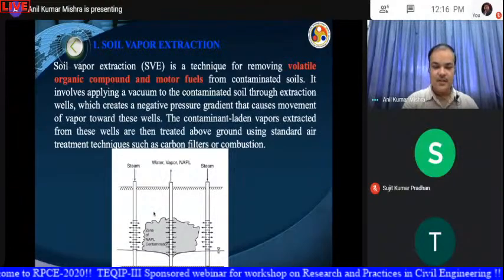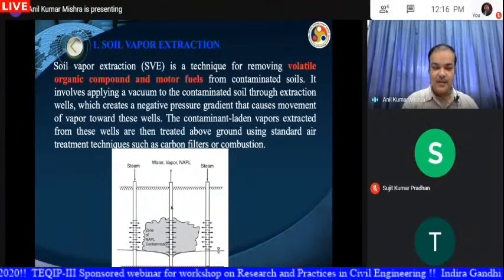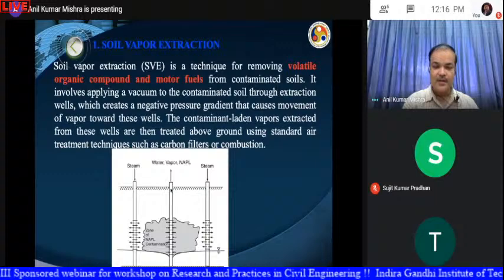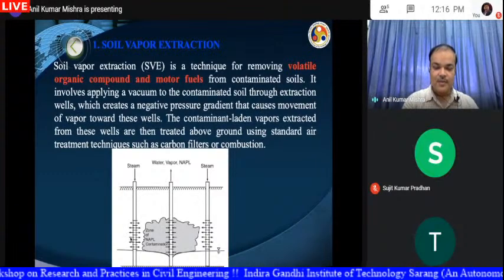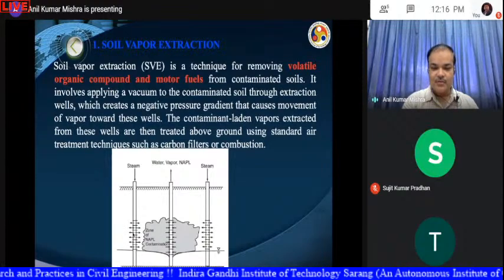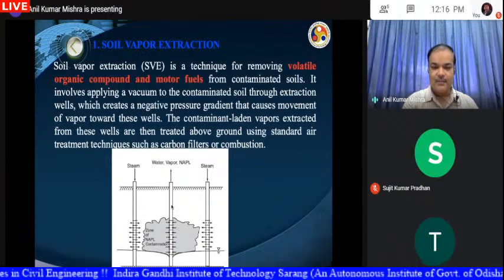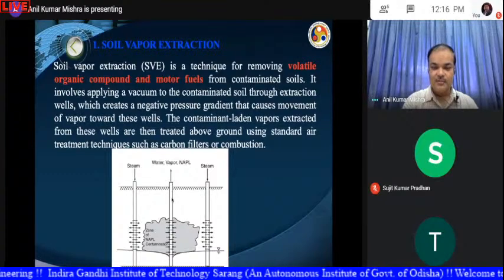Then we have to create a negative pressure all around. So because of this, the steam will move towards this well.